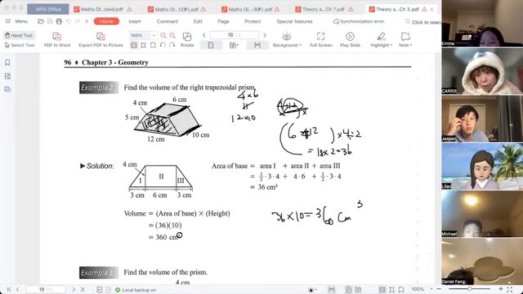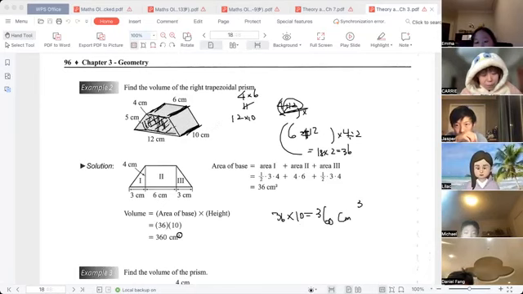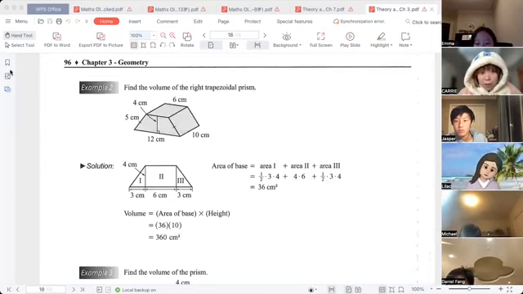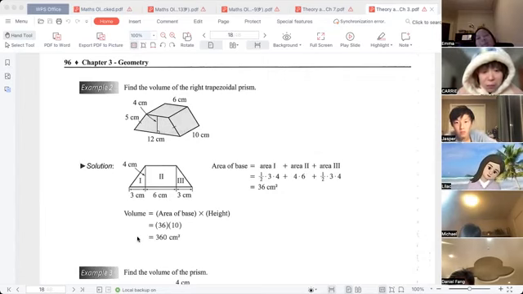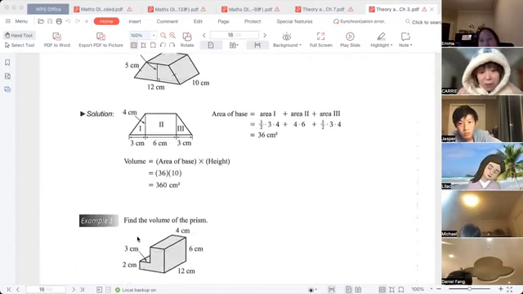And you think about it, use your brain, imagine that this is exactly the height. Correct? Yes. Okay. So everybody make sure you are not making the same mistakes like the book did. Because the book wrote volume equals 360 centimeters square.